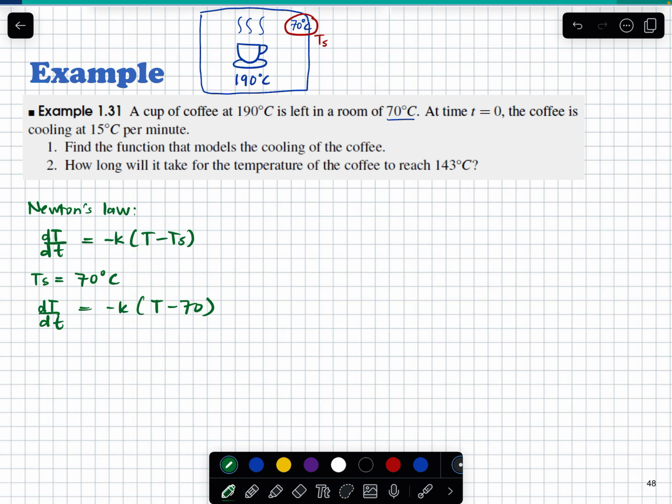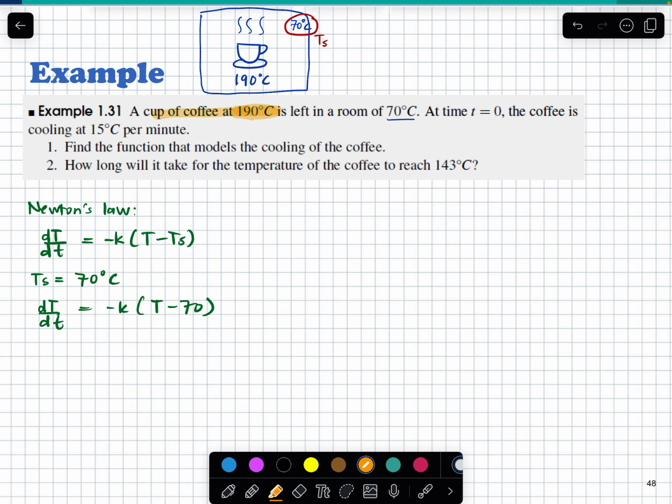Okay, now we want to solve this. Before we can solve this, we need to find the value of K. Can we find the value of the unknown K here? Yes, by using the information given in the sentence. A cup of coffee at 190 degrees Celsius is left in a room of 70 degrees Celsius.